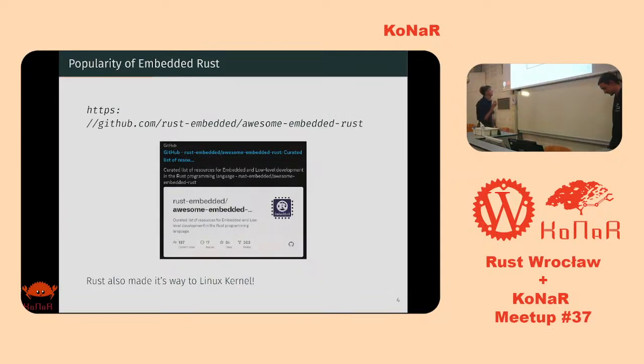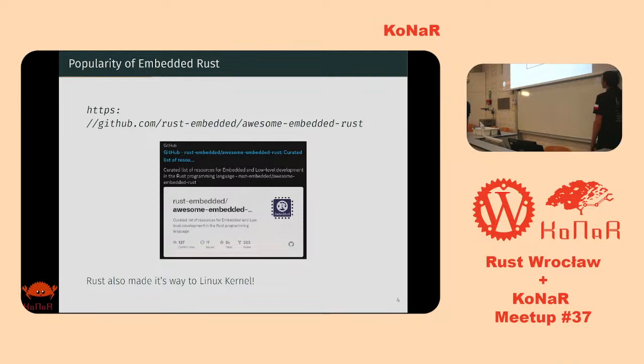Yeah. Also, I would like to talk a bit about the popularity of embedded Rust, which is rising from year to year. On repo.links, you have an entire library of community-made drivers, hardware abstraction layers, and other stuff that's needed to properly develop embedded applications, such as frameworks and toolkits.